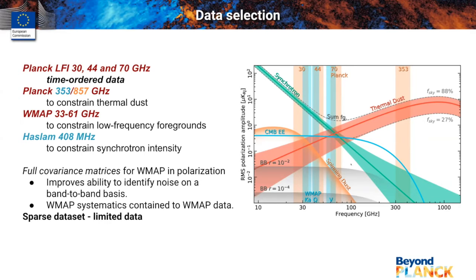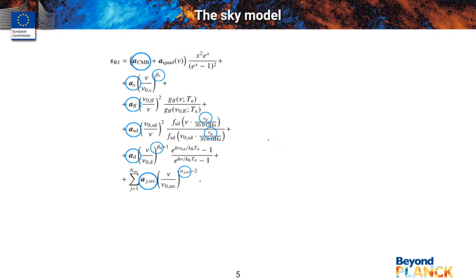And because of this, for the BeyondPlanck analysis, we added regularization noise to the WMAP bands and also omitted the K band as well as the W band. And of course, you'll notice there's no intermediate Planck bands here.